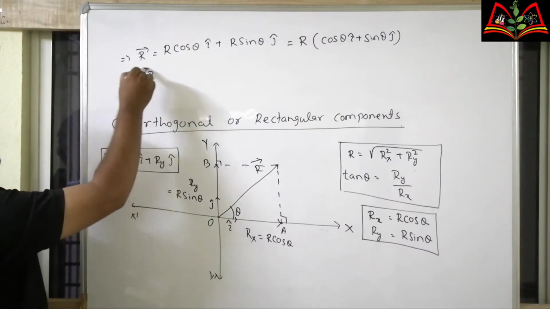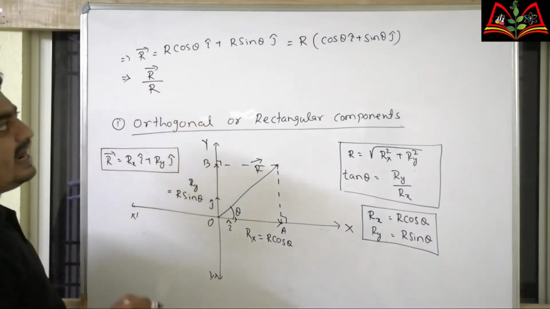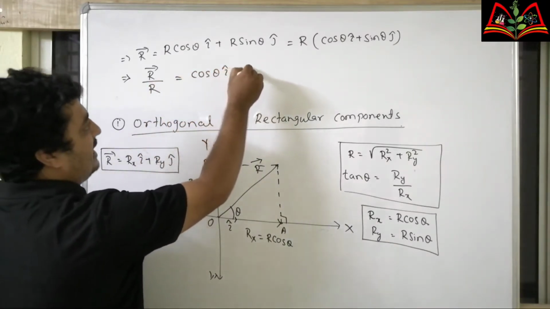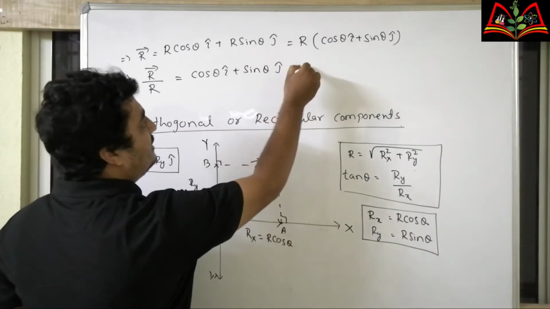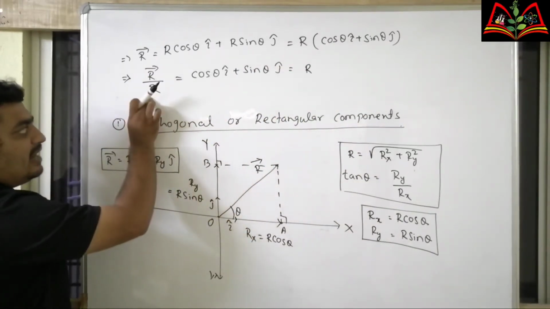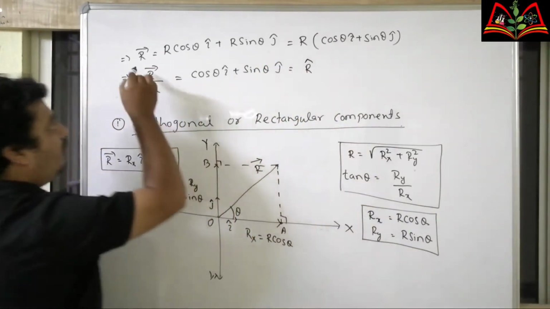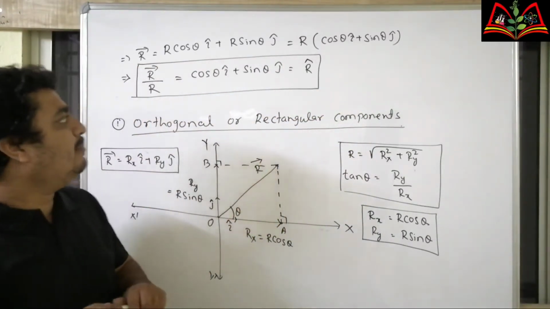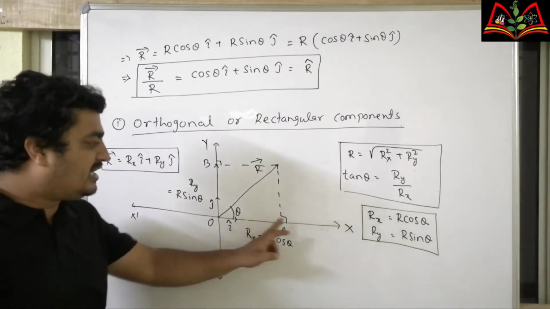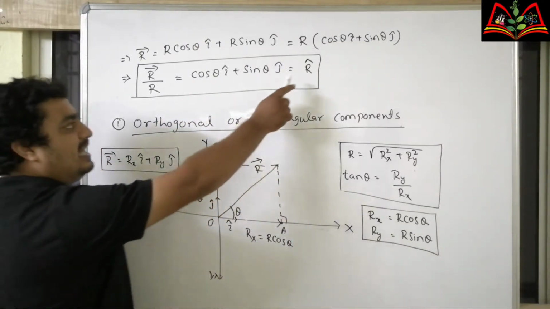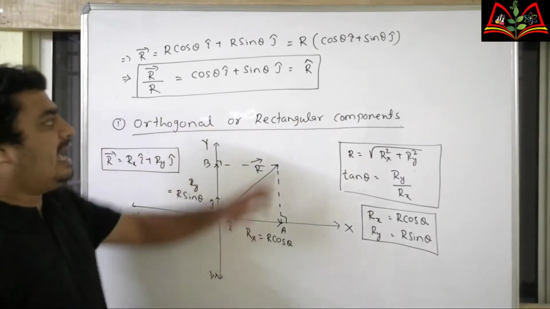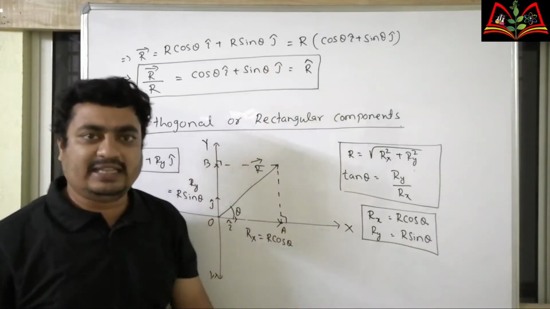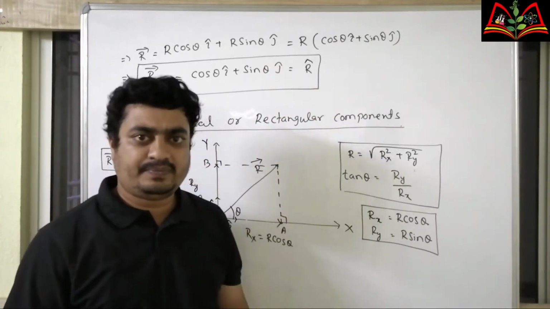That implies vector R by magnitude of R equal to cos theta i cap plus sin theta j cap. But vector R by magnitude of R is equal to R cap. So if a vector makes an angle theta with positive direction of x-axis, then the unit vector along the direction of R will be cos theta i cap plus sin theta j cap.